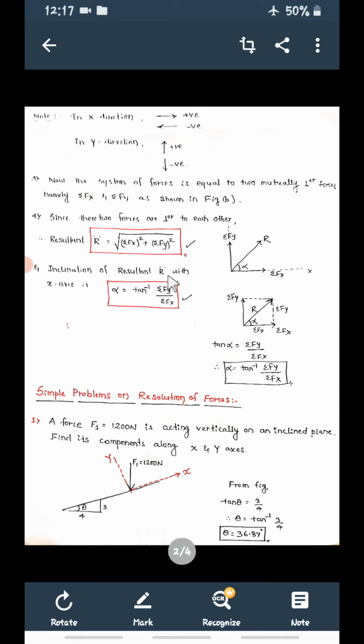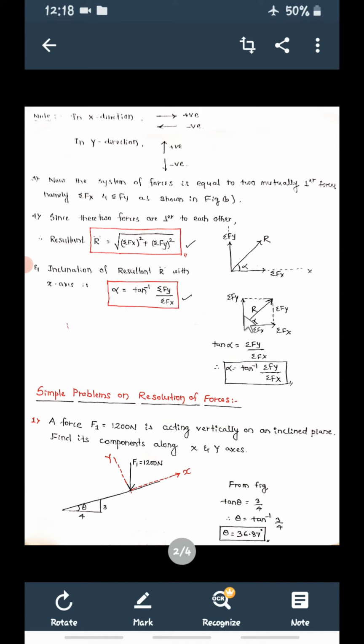Then inclination. Now see, this resultant is making an angle alpha with the x-axis. So how can we find the inclination of the resultant with the x-axis? Alpha is equal to tan inverse of summation Fy upon summation Fx.